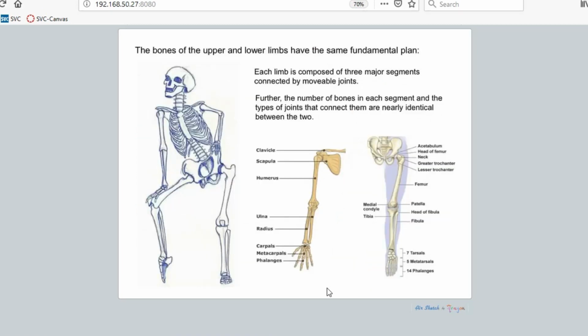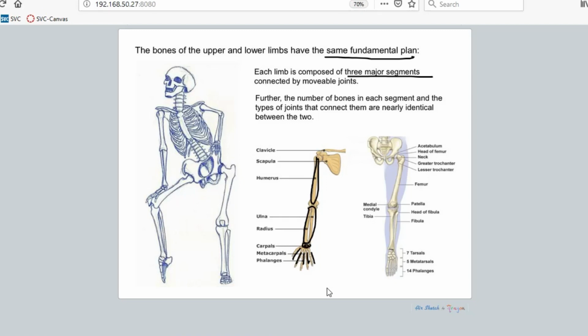Now the bones of the upper and lower limbs are designed really similarly. So basically they have the same fundamental plan. First of all, the bones of the upper and lower limbs are both composed of three major segments. So here we have the upper arm, the brachium, the lower arm, the antebrachium, and then we have a set of wrist bones, and then the hands.